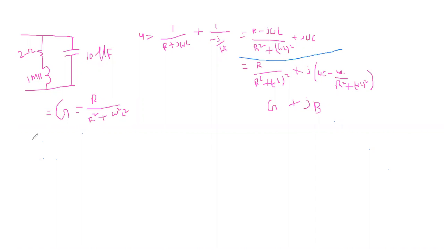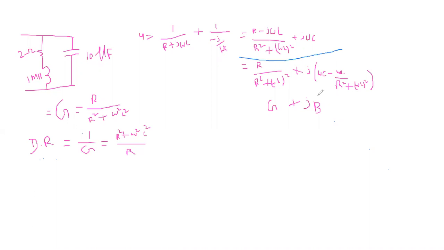Appo dynamic resistance equal to 1 by G. Dynamic resistance, the first question, equal to 1 by G. So means R square plus omega square L square divided by R. This is the formula for dynamic resistance. Later we will calculate the dynamic resistance value.